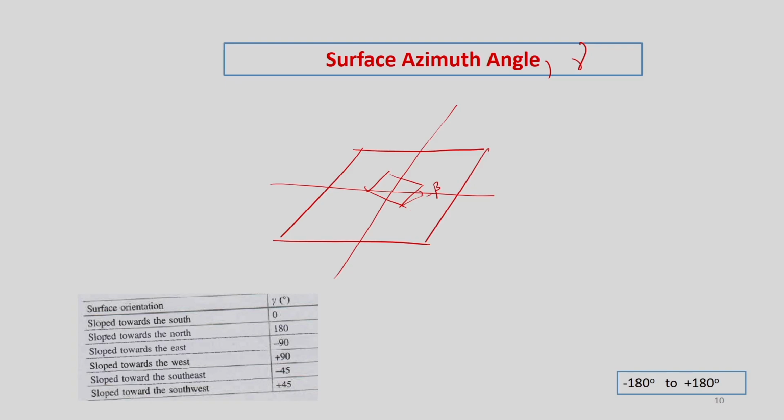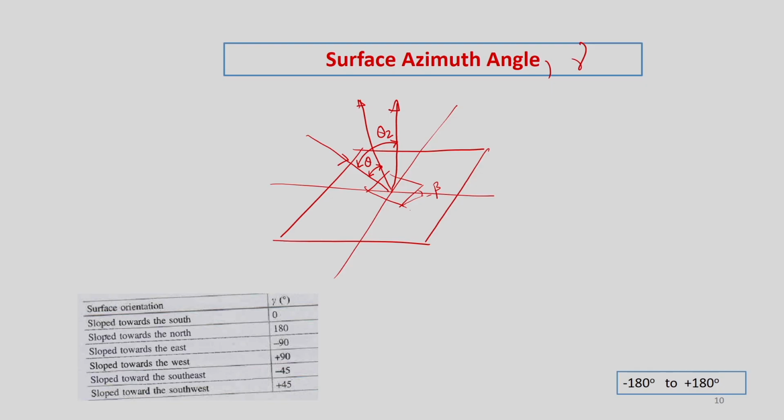Normal to the horizontal we can draw this way, and the normal to this inclined surface will be something like this. So, solar radiation, normal solar radiation is falling here. This angle is theta, but this angle is theta z. Now I think you can understand the difference between theta and theta z.